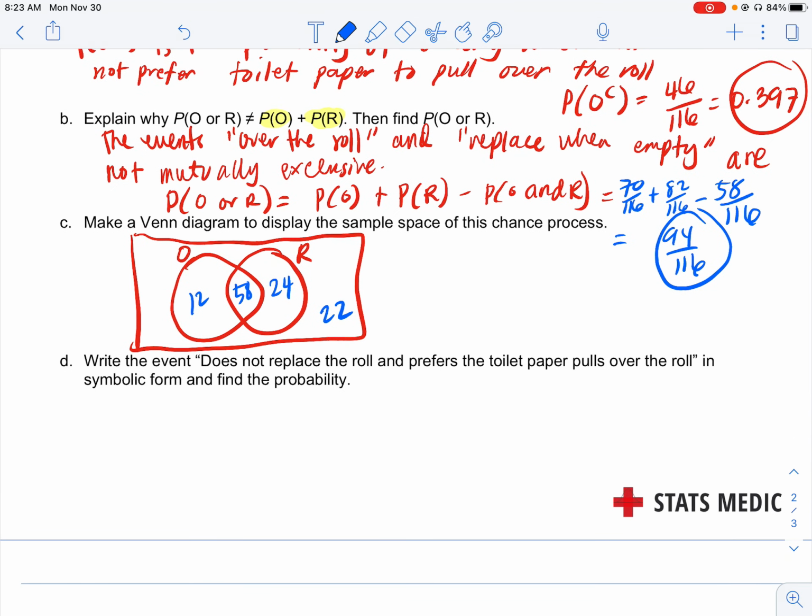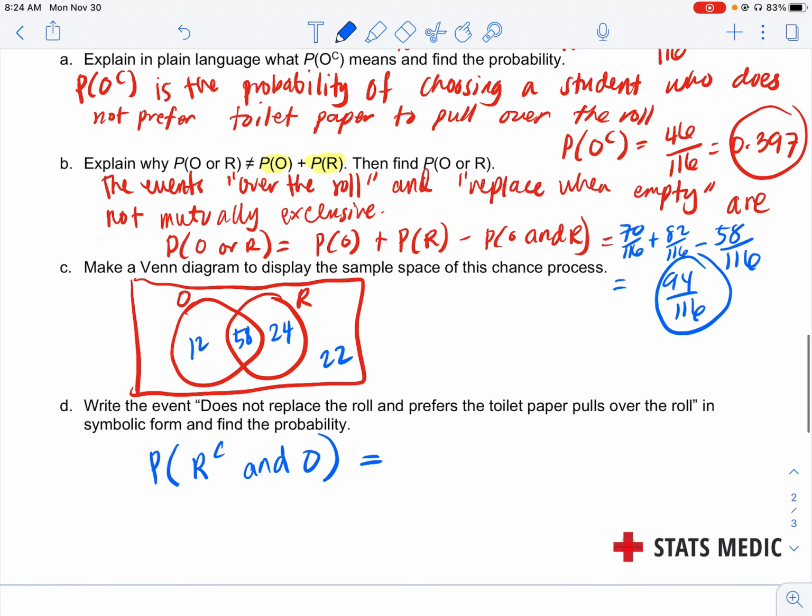Write the event does not replace the roll and prefers the toilet paper pulls over the roll in symbolic form and find the probability. Does not replace, so R complement, and O. So these are the people who do not want to replace.